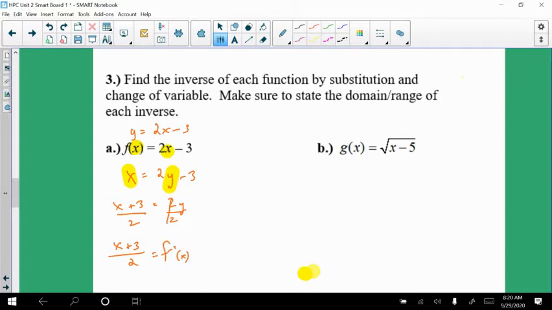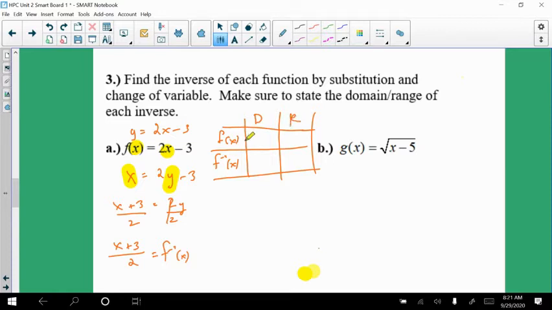Now, the thing is that in this particular function, it's a linear function, so the domain and the range are the same. So it's not too complicated to figure out that for the function and for the inverse, the domain and range of each of them will be the same. So here's my domain, here's my range.